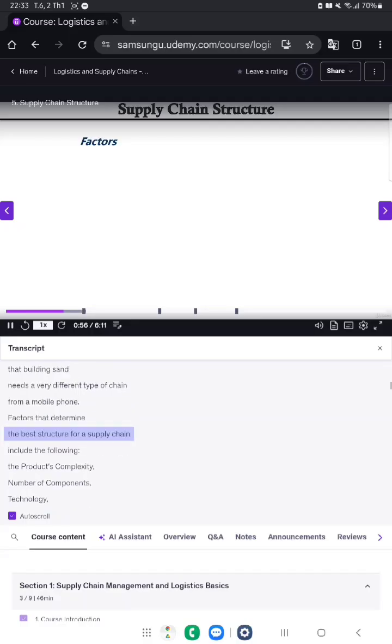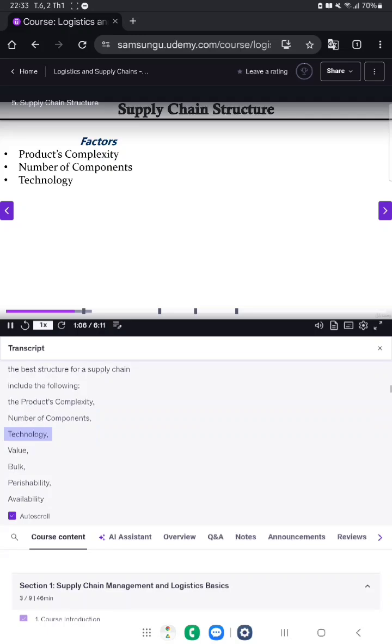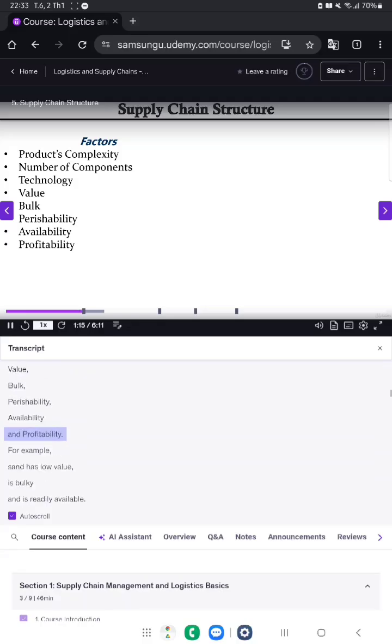Factors that determine the best structure for a supply chain include the following: the product's complexity, number of components, technology, value, bulk, perishability, availability, and profitability.